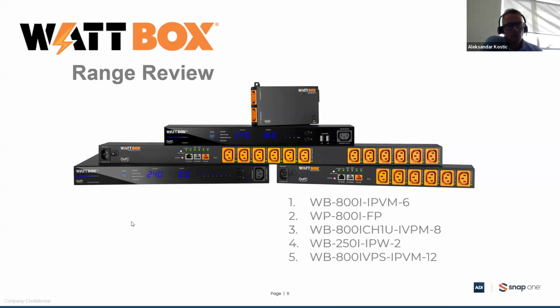So the main models are with 2 power outlets, 6 power outlets, 8 and 12 power outlets. That is the main difference between those models, and I will go one by one and explain in detail what the additional differences are between them. And with those 4 models, we have some additional accessories like a faceplate, which is just a display showing the status of the power outlets.